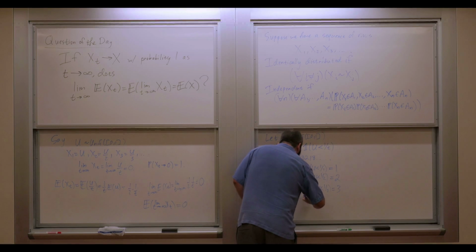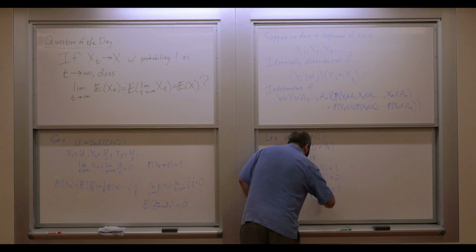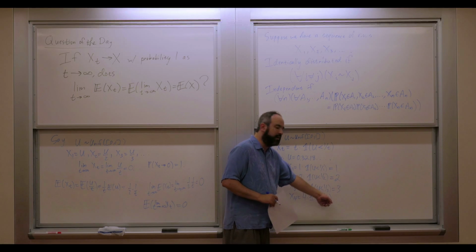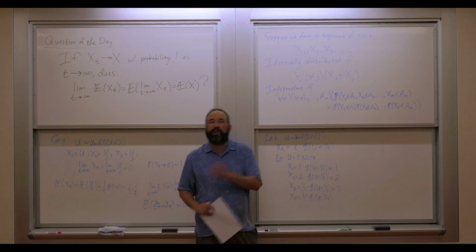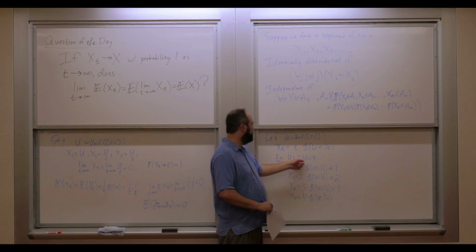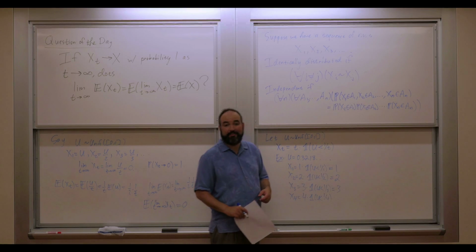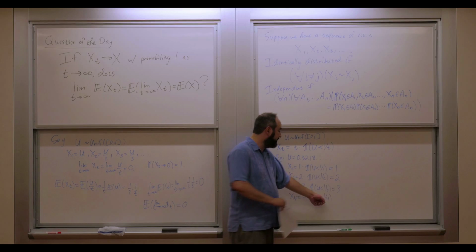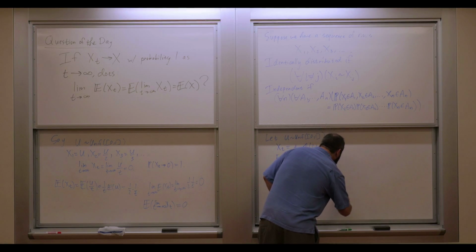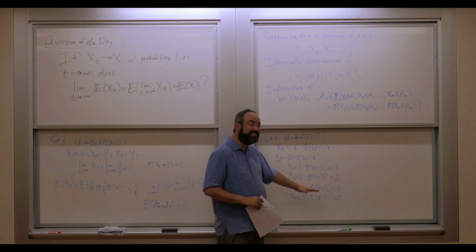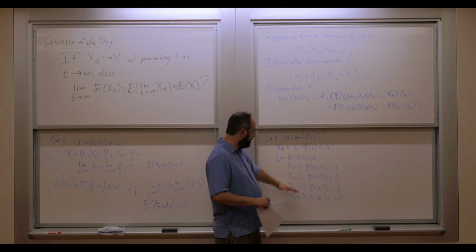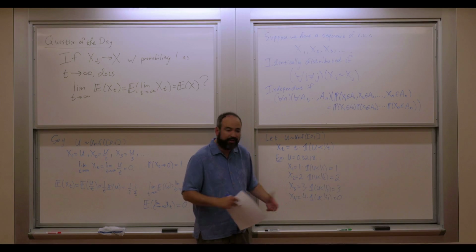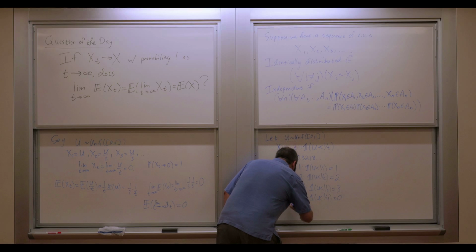Well, what about x4? x4 is 4 times the indicator u is less than 1/4. 1/4 is 0.25. So this number is not less than 0.25. That makes this indicator 0. 4 times 0 is 0. And with this example, what's going to happen is all the x's beyond x4 are also going to be 0. Let's just do one more step to see.